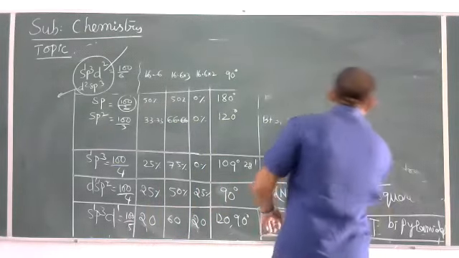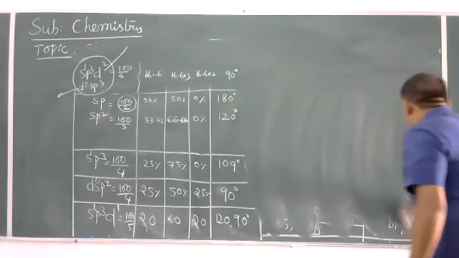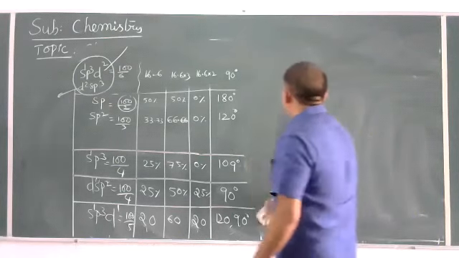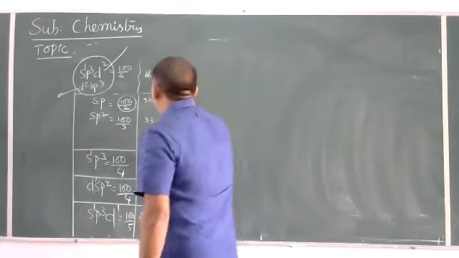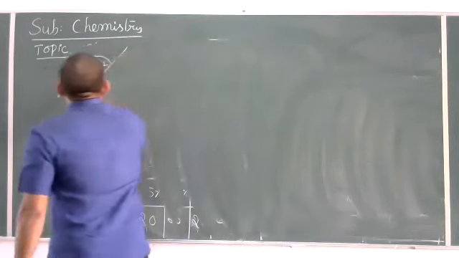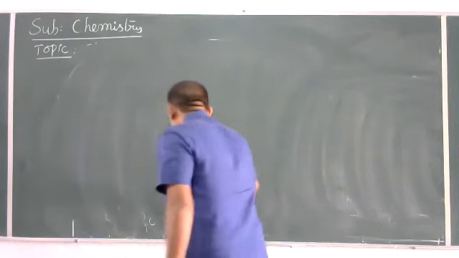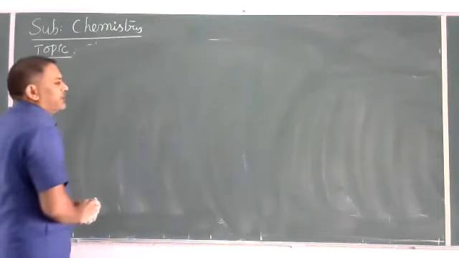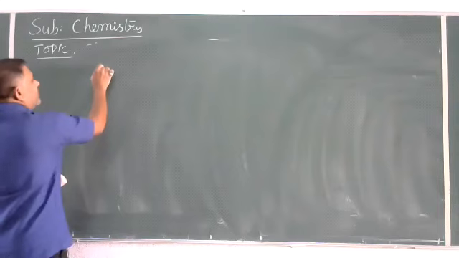Based on it, it is easy to estimate the hybridization, and using this table you can easily find the structure, and the number of lone pairs and bond pairs. In examinations they regularly ask questions on isostructural species and the number of lone pairs and bond pairs.